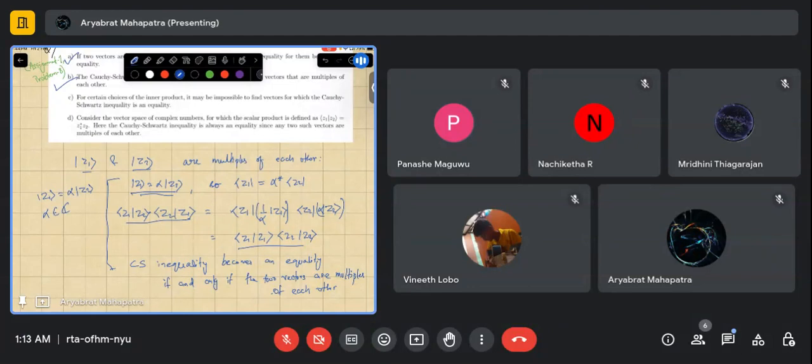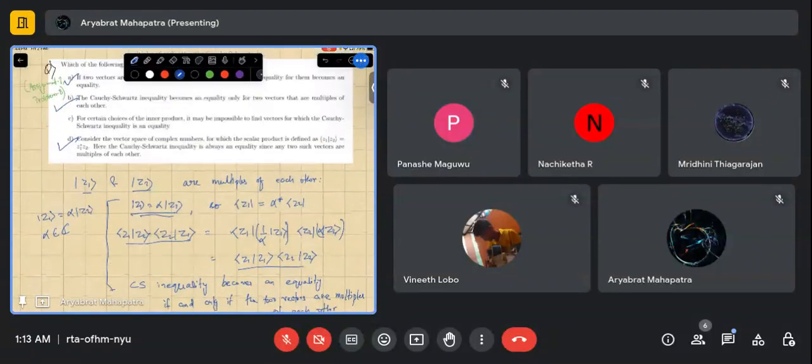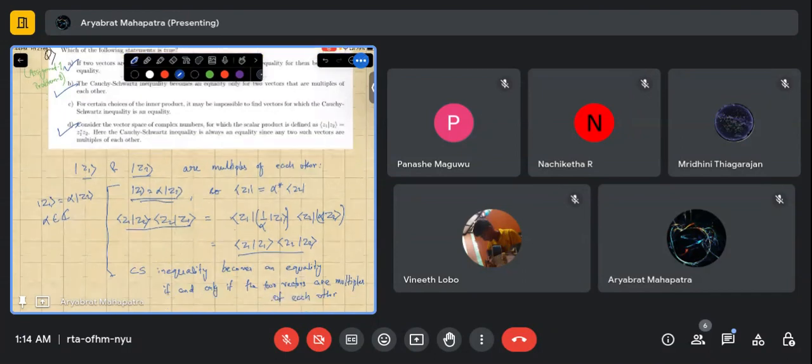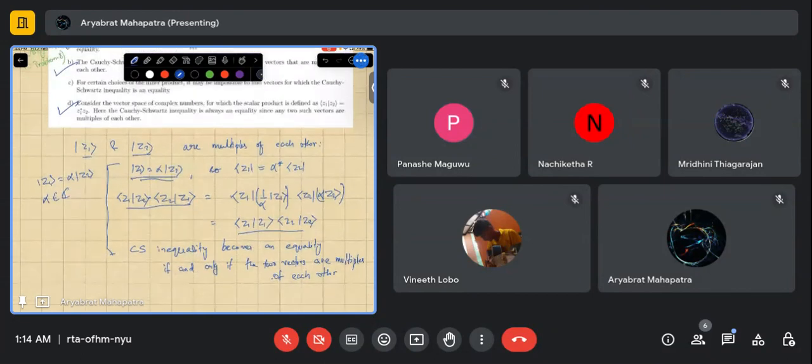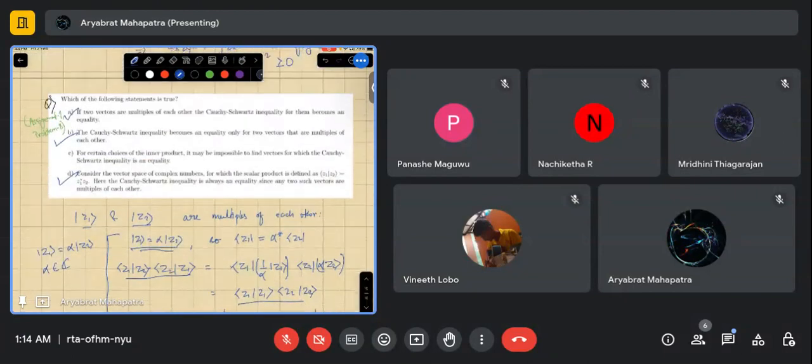So statement D is also equivalent to the proof that we have shown. So all of A, B, and D are correct except C. Is this question clear to you?